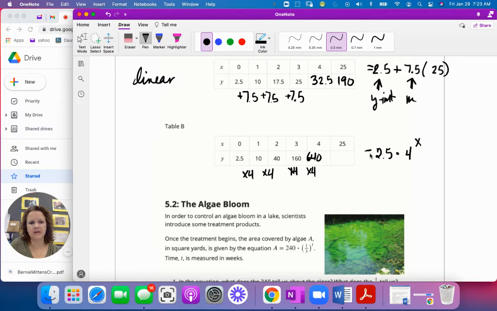This is going to be 2.5 times 4 to the 25th power. 4 caret 25, big number, times 2.5.